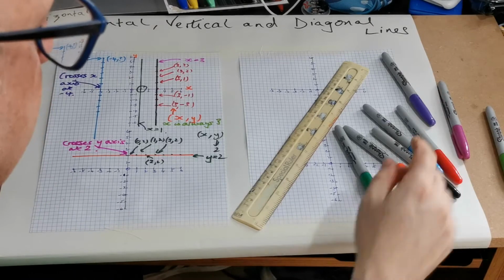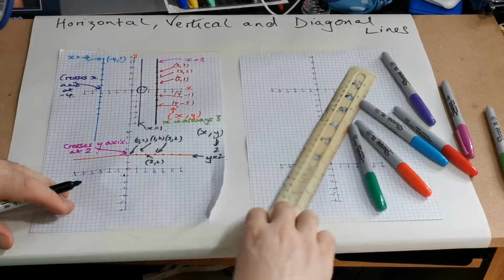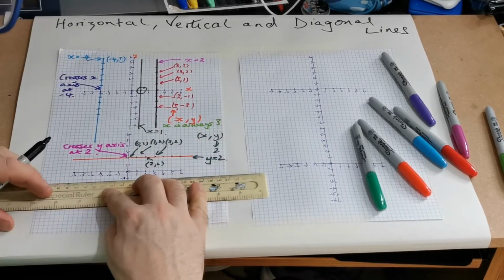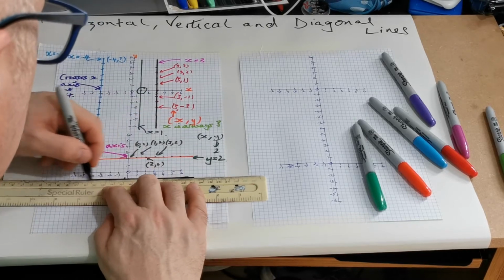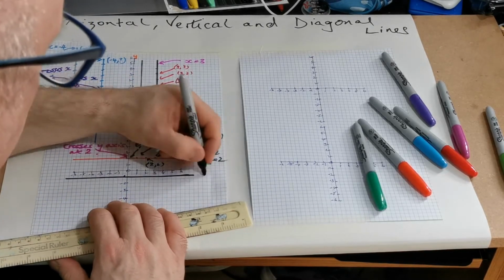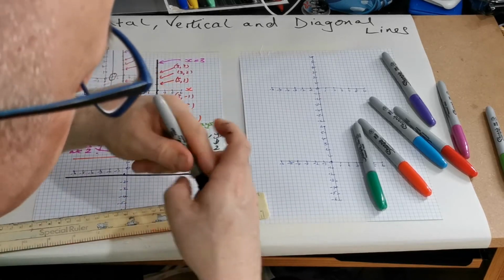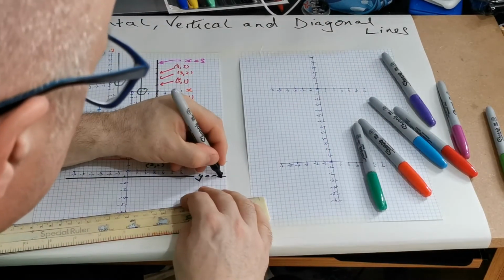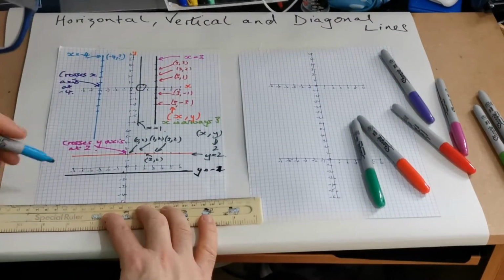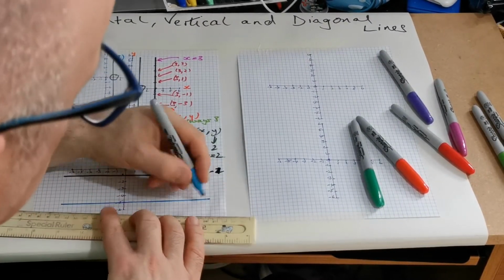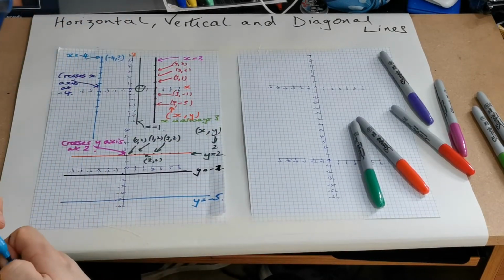So if we bear that in mind, and what we've learned from the x's, I can look at some of these others and say, okay, that line there crosses the y-axis at minus 1, so that's y equals minus 1. This one crosses the y-axis at -5. That's y equals -5. So it's dead easy, really.